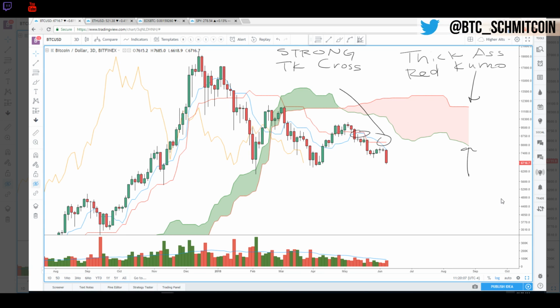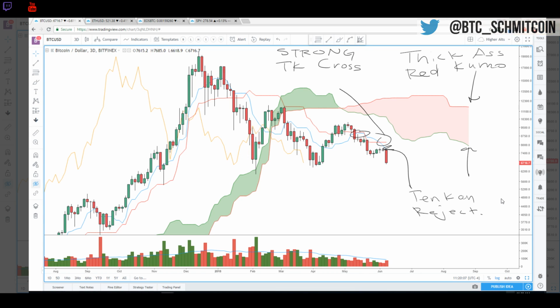When you get a cross recross and you're below the cloud, this is just really bad. Not only that, but we came up and we tested the Tenkan, which is this blue line, and it rejected it. So boom, Tenkan rejection.